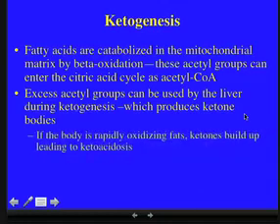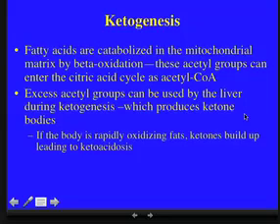This generates ketone bodies. If the body is rapidly oxidizing fats, ketones can build up, and this can lead to ketoacidosis. And we talked about the fact in class that this is not a good long-term solution to fulfilling our energy needs because the body needs to maintain a pH near neutral in most tissues in order for enzymatic reactions to happen at any kind of appreciable rate.